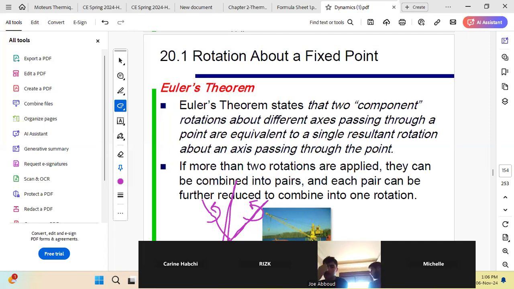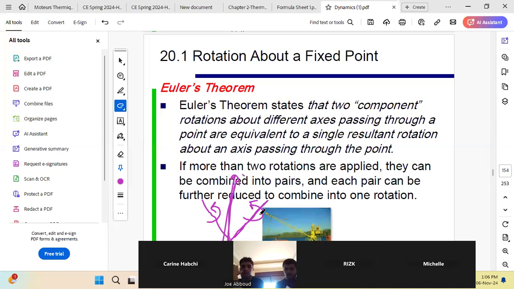So a resultant omega can be divided into rotation about axis 1 and rotation about axis 2. But when we sum the two rotations, we see that the 3 omega vectors will pass through the same point. And if more than 2 rotations are applied, they can be combined into pairs, and each pair can be further reduced to 1 rotation.